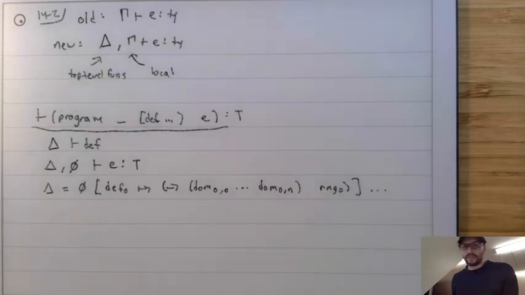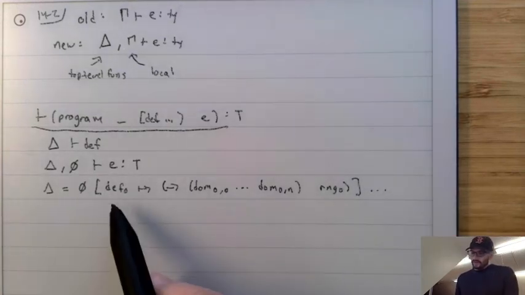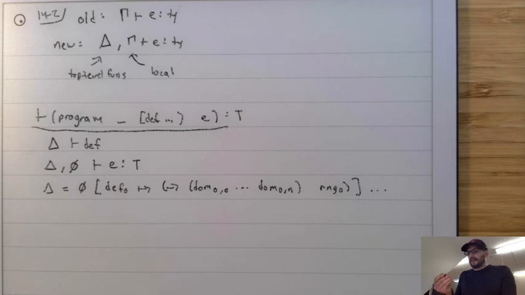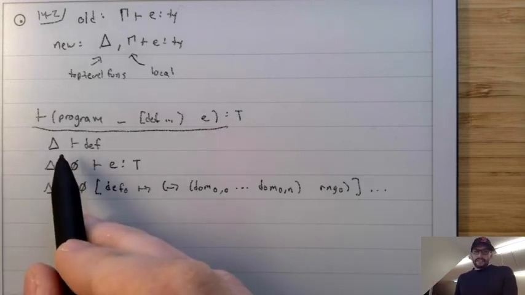And we do that for each one of the things, where def0 comes from whatever the variable defined there is, the domain is whatever it says. So essentially what we're going to do is we're going to assume that the types given in the definition are accurate. But we also need to check them.